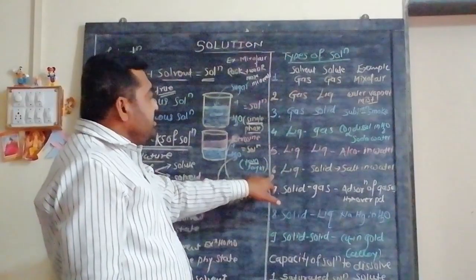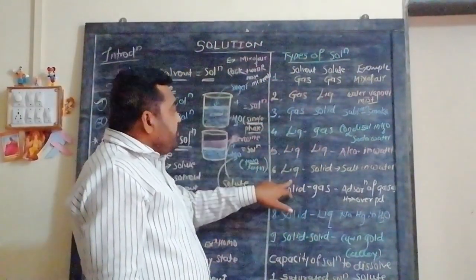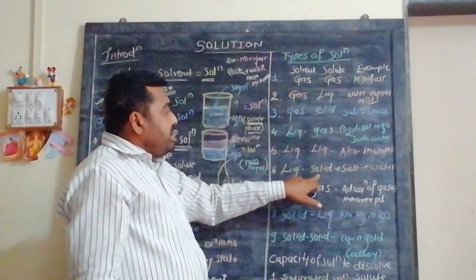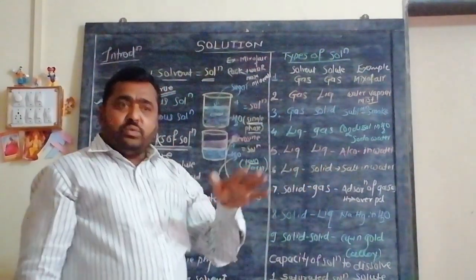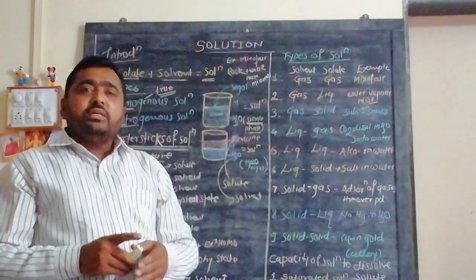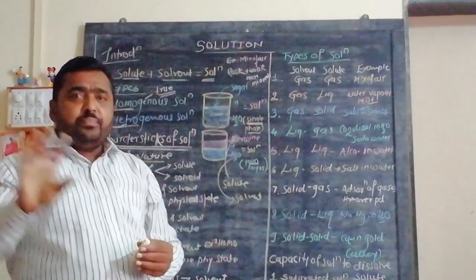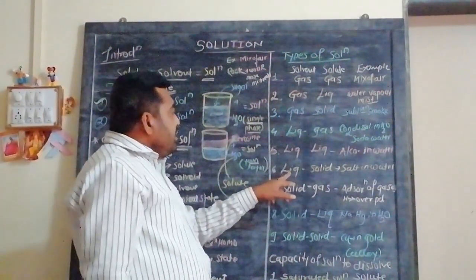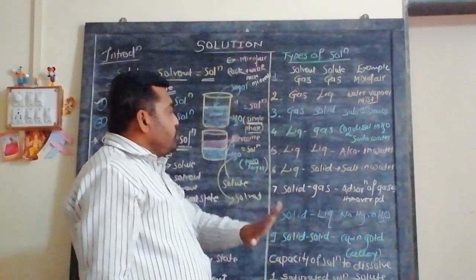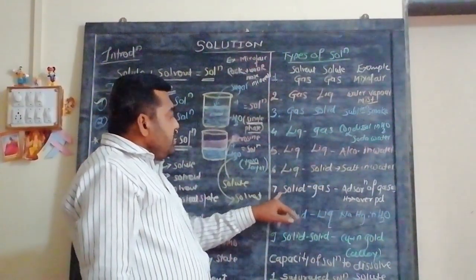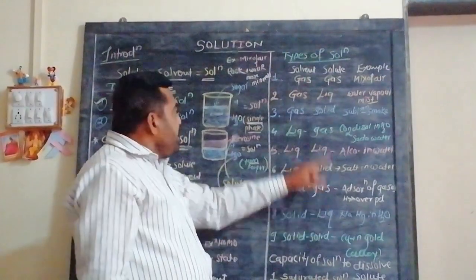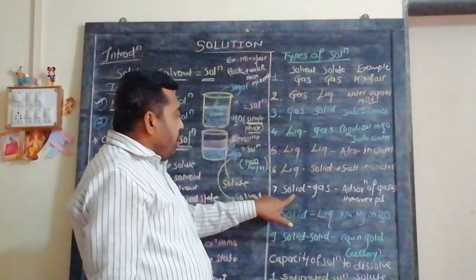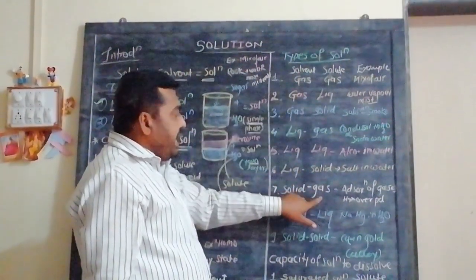The sixth type is solvent phase liquid and solute phase solid. Examples are salt in water, common salt, sodium chloride dissolved in water, and sugar dissolved in water. This is the liquid-solid type of solution. The seventh is the solid-gas type of solution: solvent phase is solid and solute phase is gas.